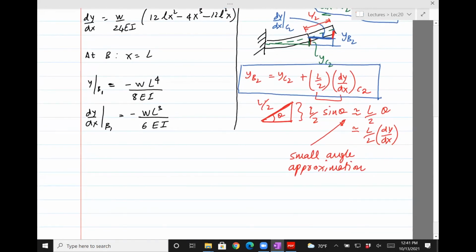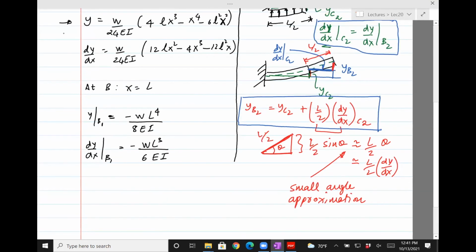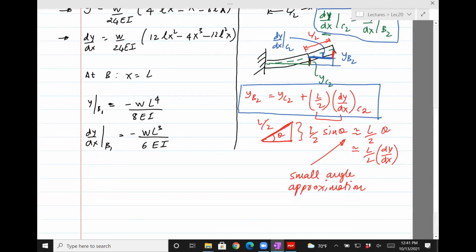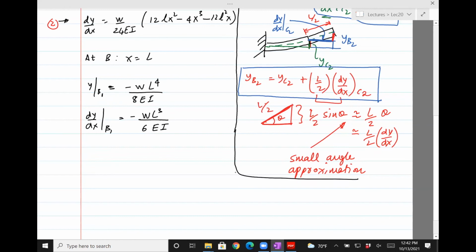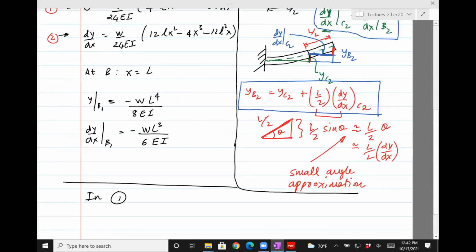Again here we'll use the same formula. Let's call that 1 and 2.